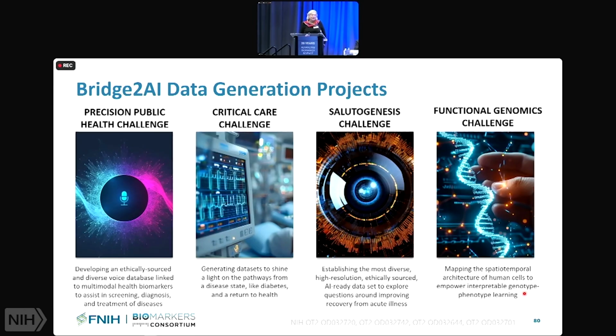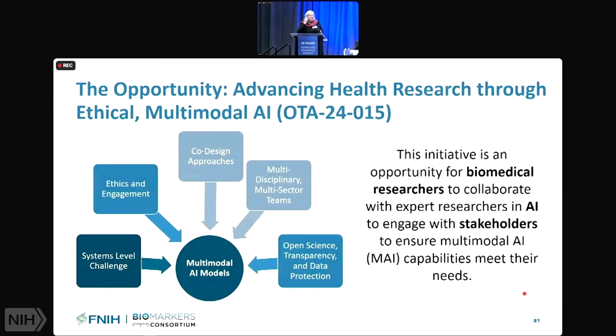Super excited about this. We have been working on opportunities to advance health research through multimodal AI, sponsored by my office, but also now expanding. This is an opportunity to bring biomedical researchers to engage with patients and clinicians to develop multimodal AI capabilities.